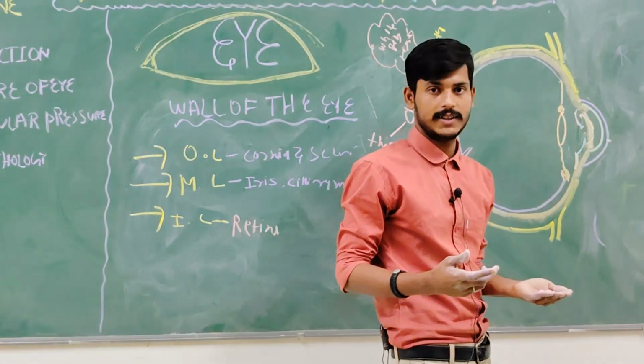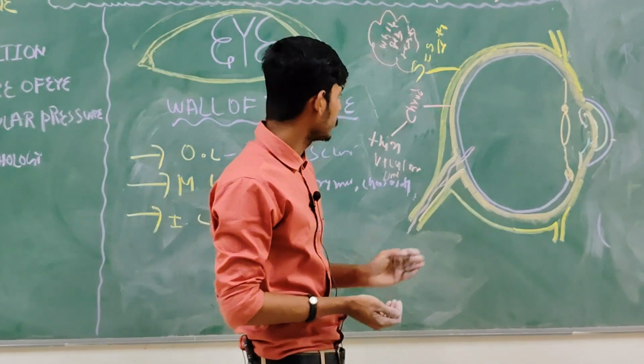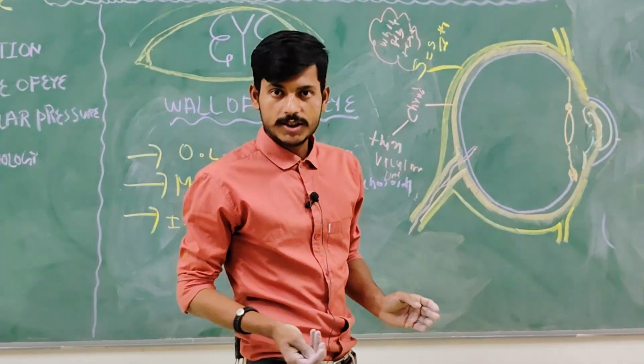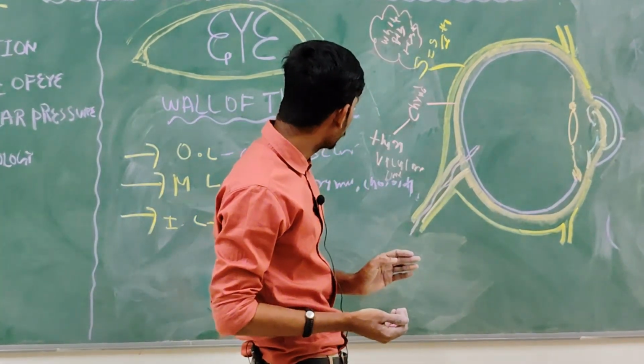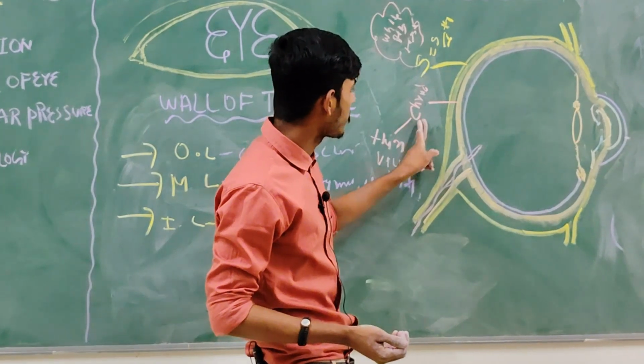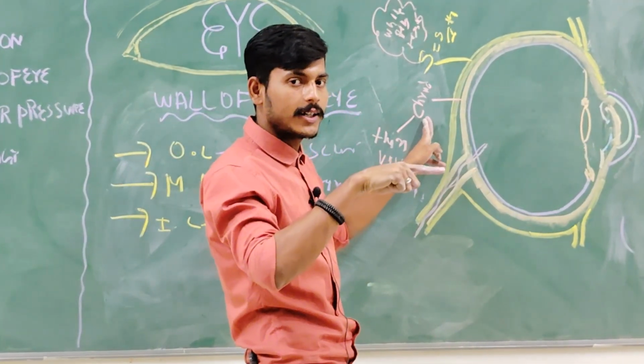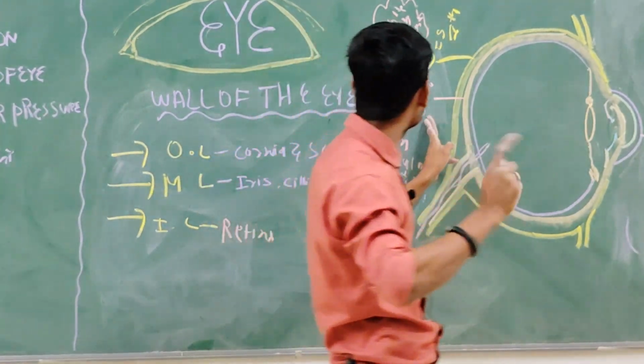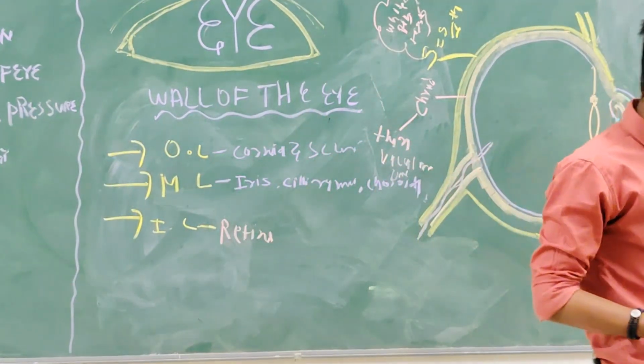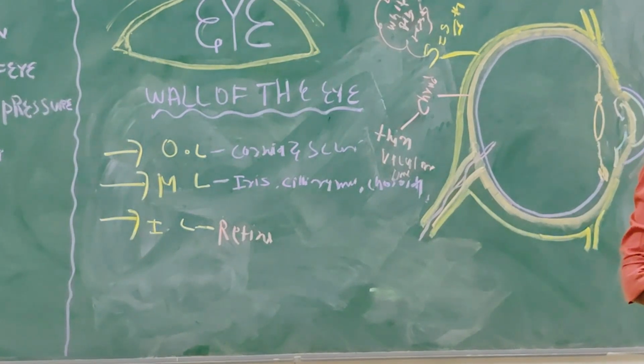The first is the stratified layer, which needs nutrition, and that nutrition is provided by the choroid. So remember, the cornea takes nutrition from the choroid.